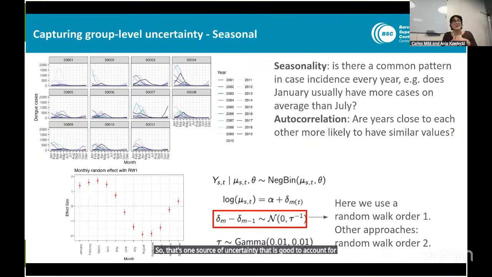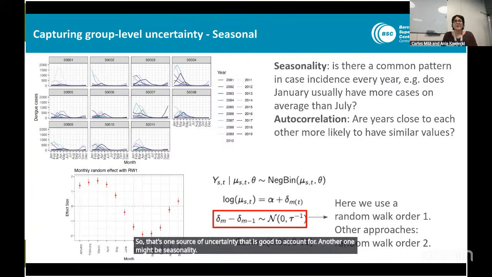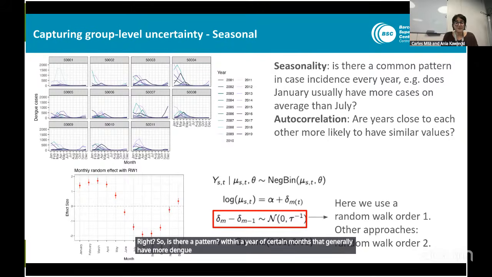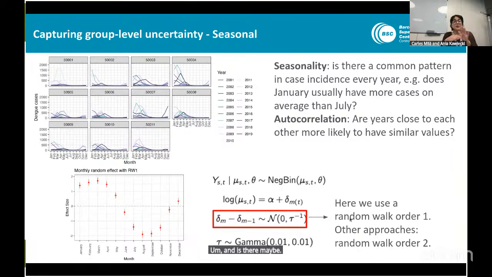Another one might be seasonality. Is there a pattern within a year of certain months that generally have more dengue than others? And is there maybe a correlation between adjacent months that you can also capture? For example, here in this data from Brazil, this is a seasonality plot from the raw data.